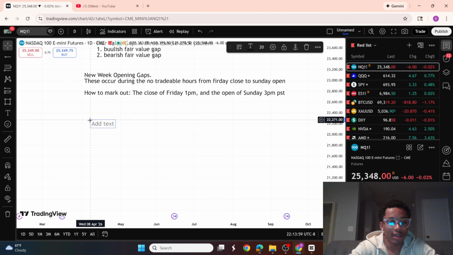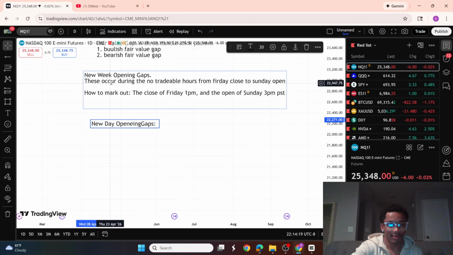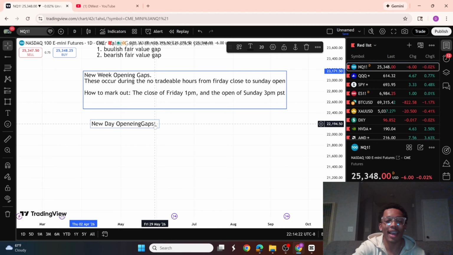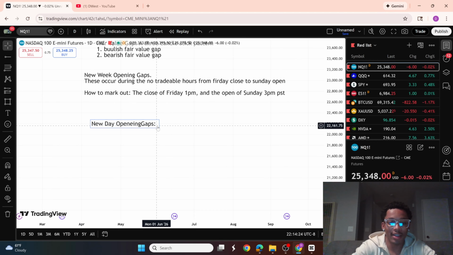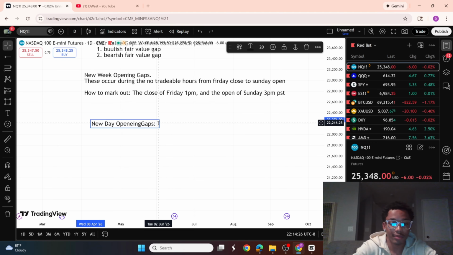And then we have new day opening gaps. This is just like a new week opening gap, except it's the new day opening gap, right? So we're going day by day instead of week by week. And you can assume which one holds higher power. Of course, the new week opening gap, because it's higher time frame.